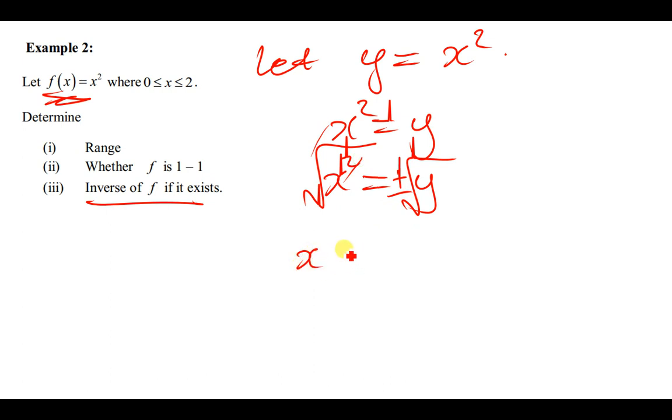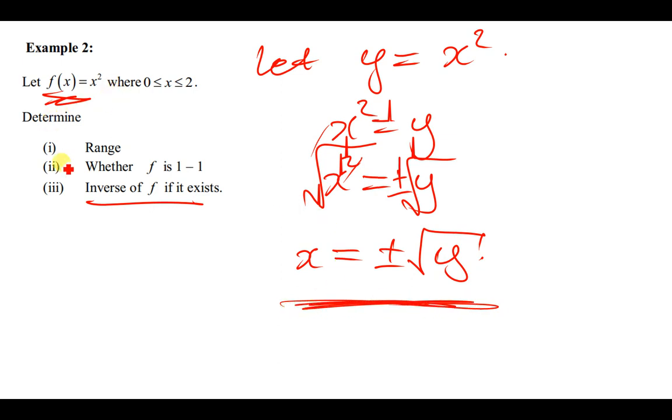We're going to have x is equal to plus or minus the square root of y. So this is the inverse of this function. So this implies that it has an inverse.